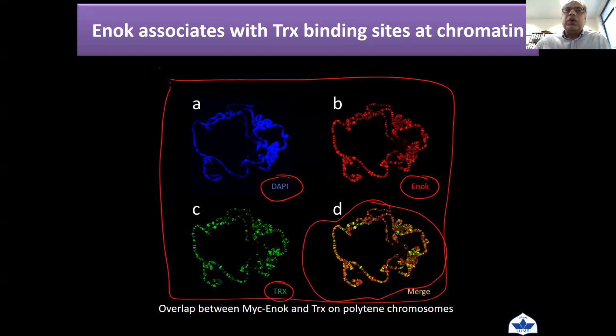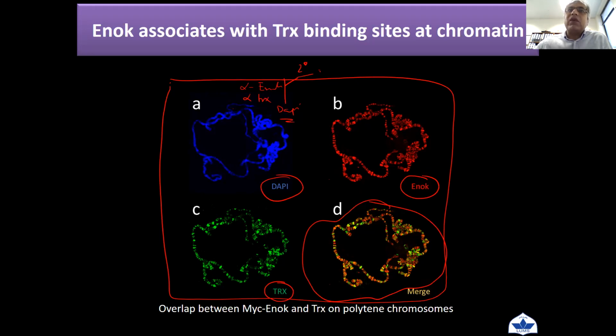No, you take the same polytene, let's say this one, you throw antibody against ENOC, you throw antibody against trithorax, and finally you stain with DAPI. Now ENOC will bind wherever ENOC targets are, ENOC protein is there. Trithorax will bind wherever trithorax is there, and then you detect with secondary antibody. In this case, they have to be from different hosts.